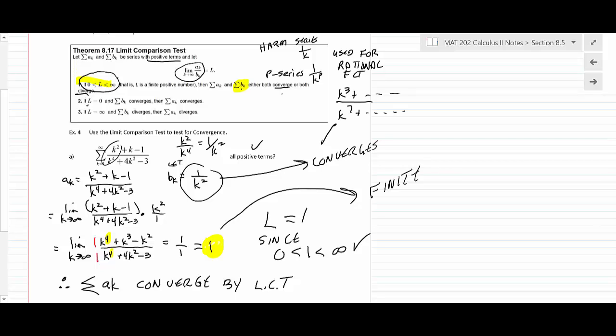If the value of that limit was 0, then if b of k converges, then that will too. If it's infinity, then they're both going to diverge. So there's 3 situations. You could even say by case 1 on this if you wanted to. So it's got to be one of those cases. Does that make sense?